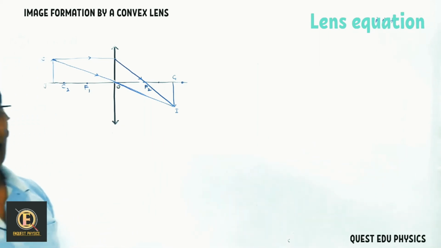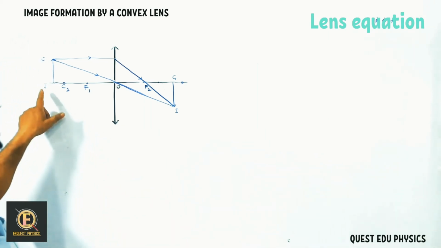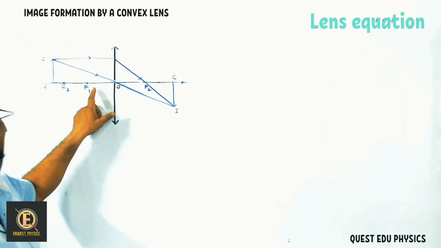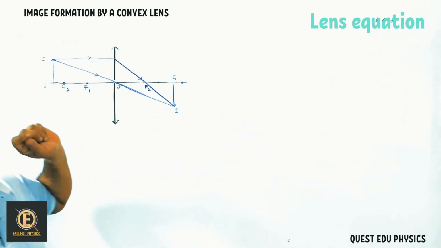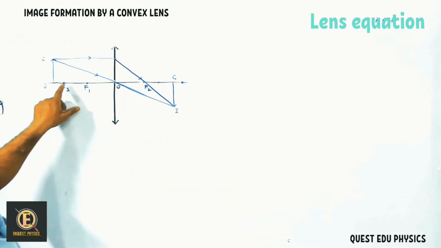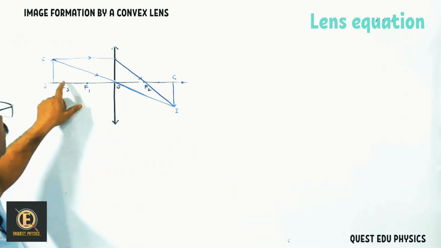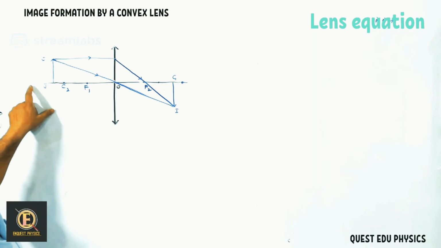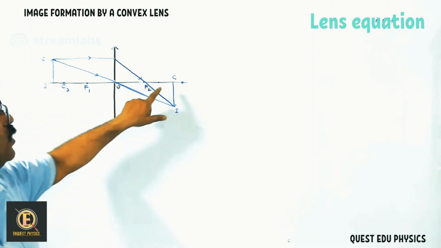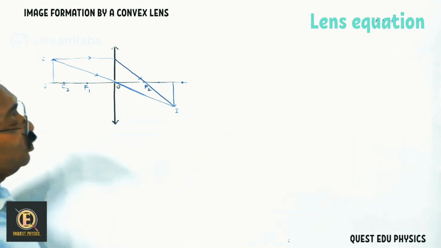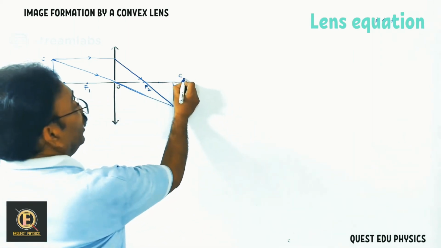What you have to remember, whenever you are moving towards the lens, the image will move away from you. I put the object beyond the center of curvature. It is far away from the lens. The image is near to the lens.